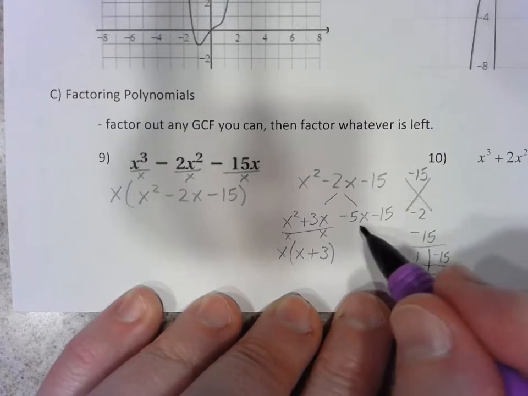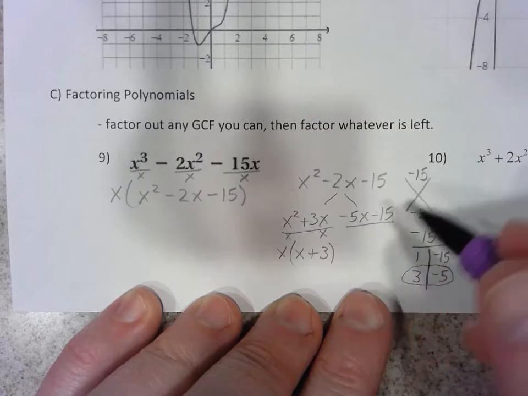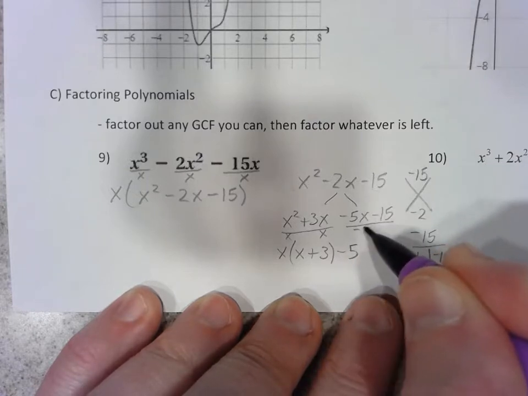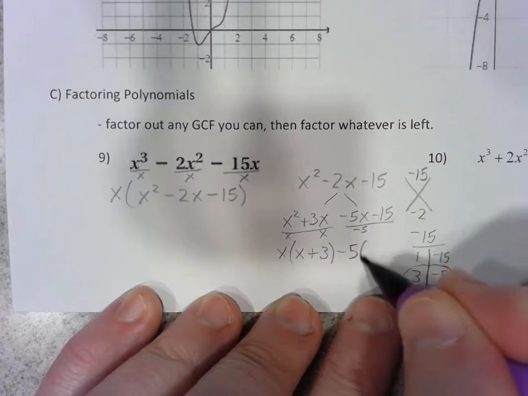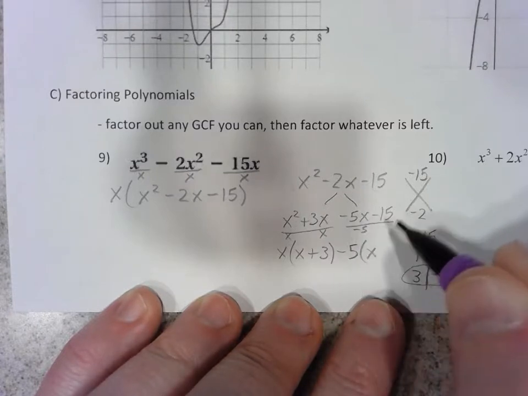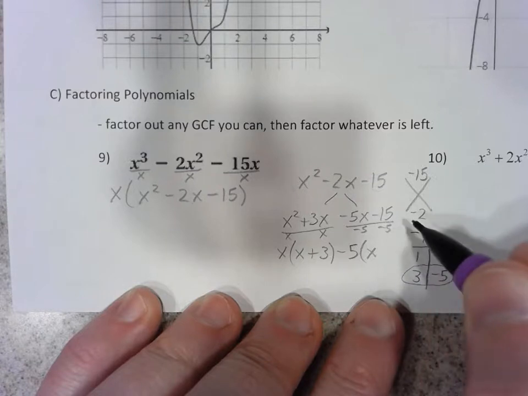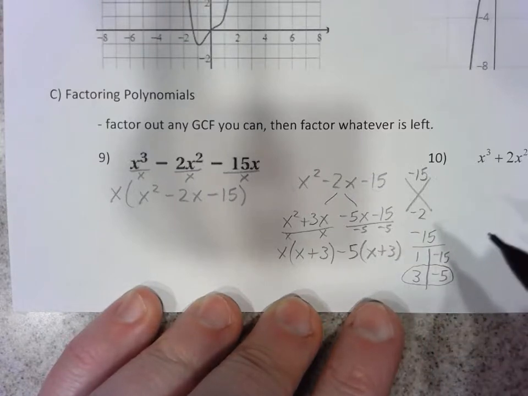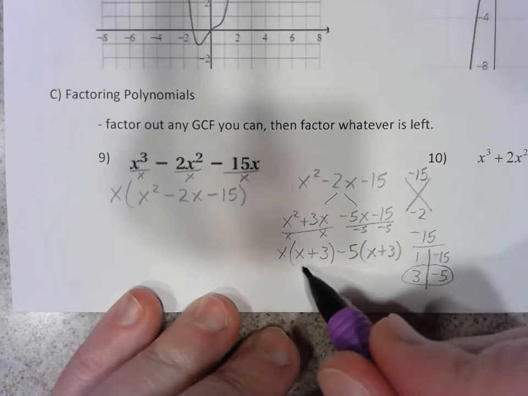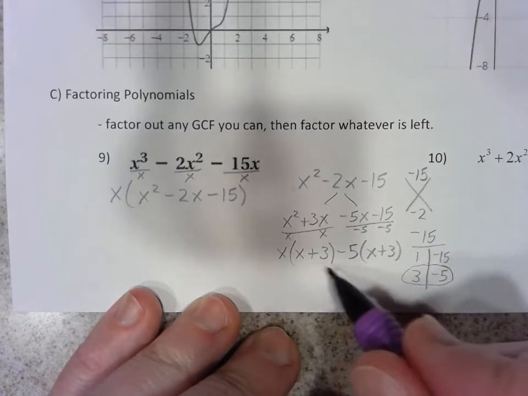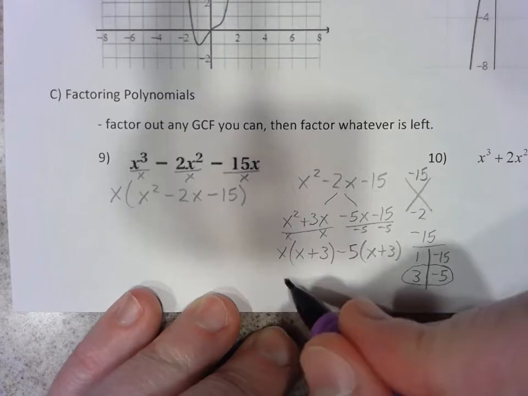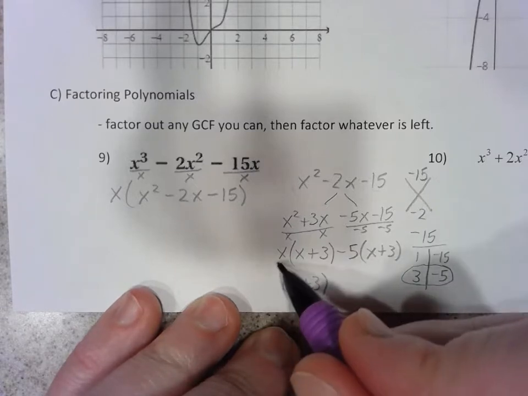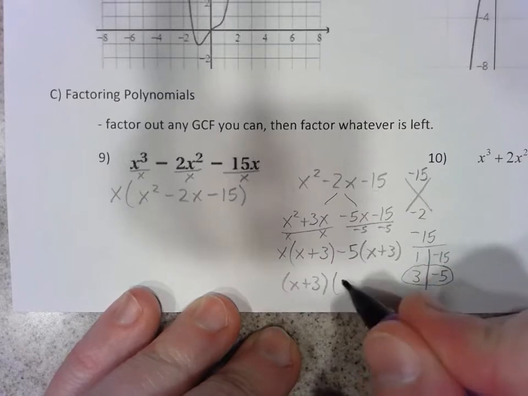Negative 5x minus 15, the common factor is negative 5. So when I divide negative 5x by negative 5, I'm left with x. Negative 15 divided by negative 5 is positive 3. Both parts have x plus 3, so that's one of my factors, and I'm left with x minus 5.